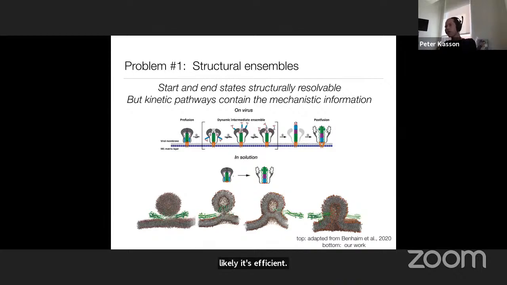And so the first problem that I want to talk about in this regard is a problem on the way to kinetics, and I'll explain a little bit where we want to go, but of structural ensembles.